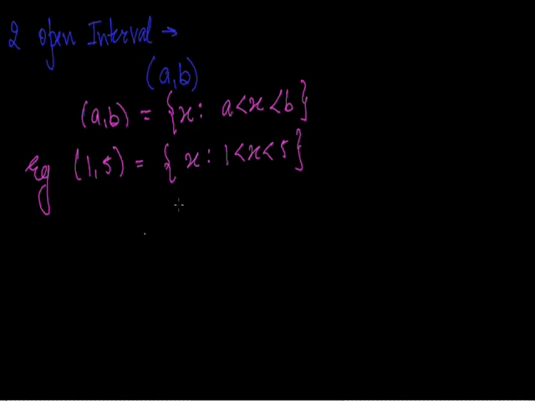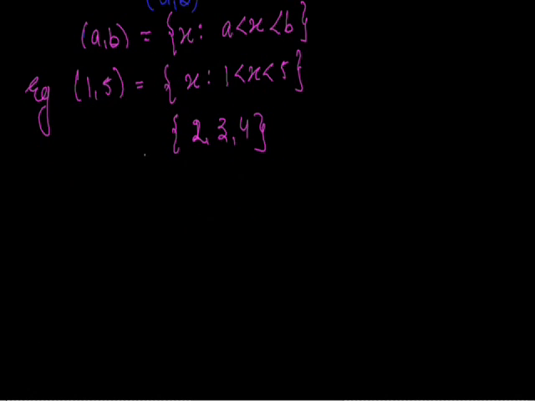So in x, 1 is not included, so the elements are 2, 3, 4. This is the set in open interval. So in open intervals, only the end elements which we have taken are discarded.